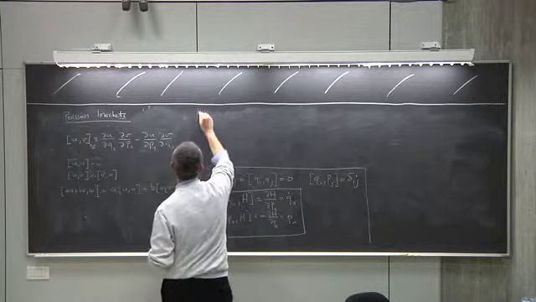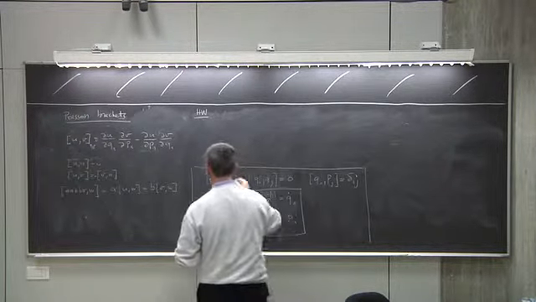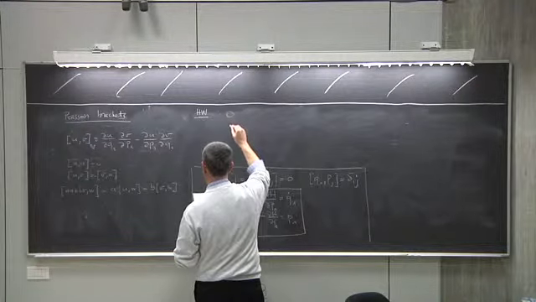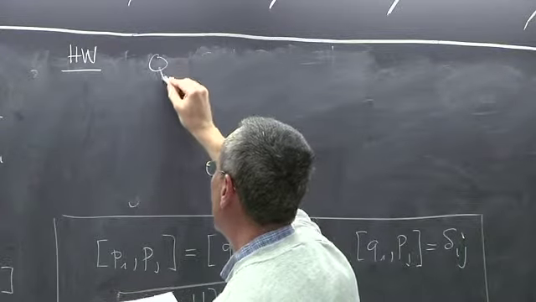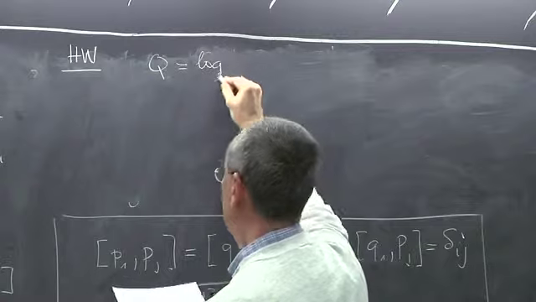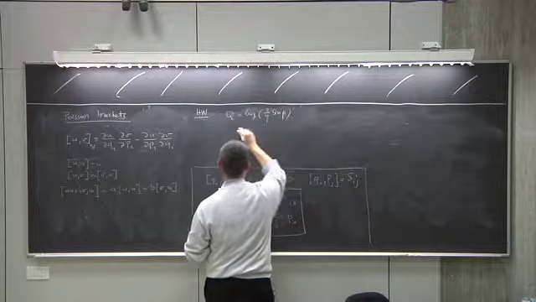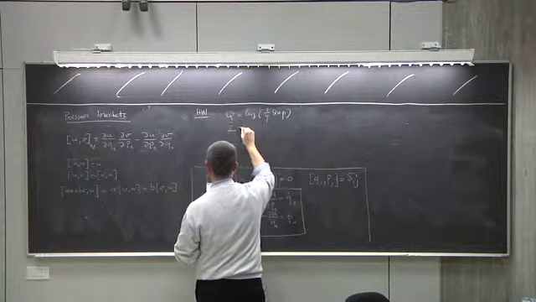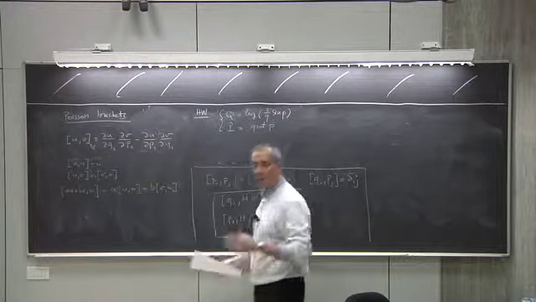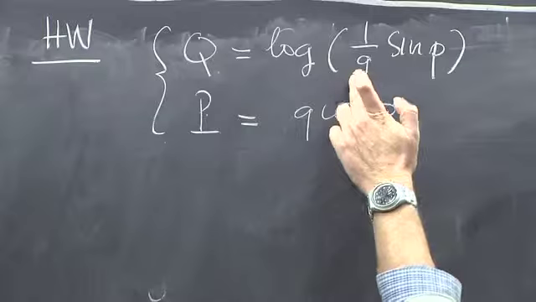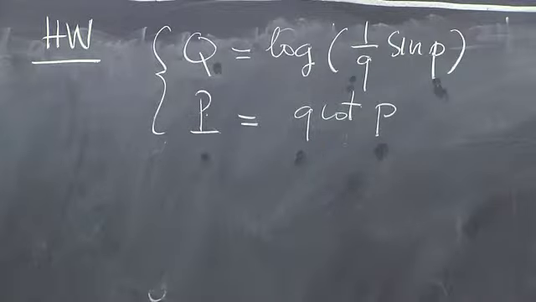This is a homework, maybe for Monday. I think it's problem 4 of chapter 9 of Goldstein, but anyway, I write it for you. This is a transformation from little q and little p to big Q and big P.